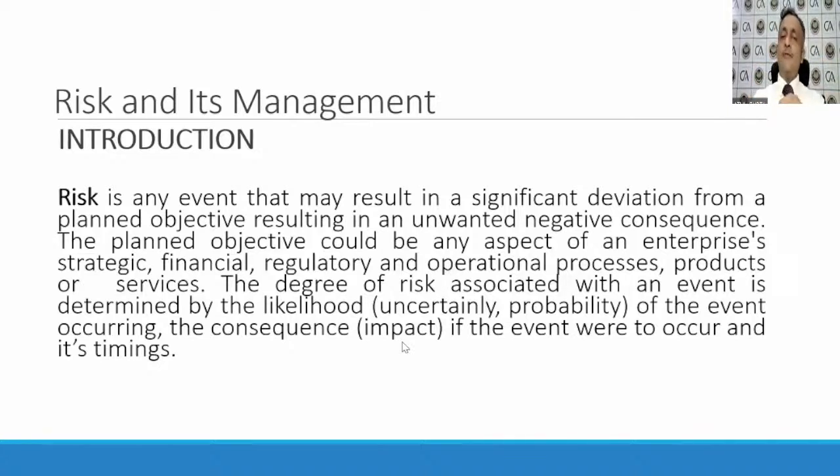The planned objective could be any entity, any aspect of enterprises: strategic, financial, regulatory, and operational processes, products or services. So it can affect any aspect of me as an entity. The degree of risk associated with an event is determined by likelihood, the uncertainty or probability of the event occurring, the consequence, the impact of the event if it were to occur, and its timing.